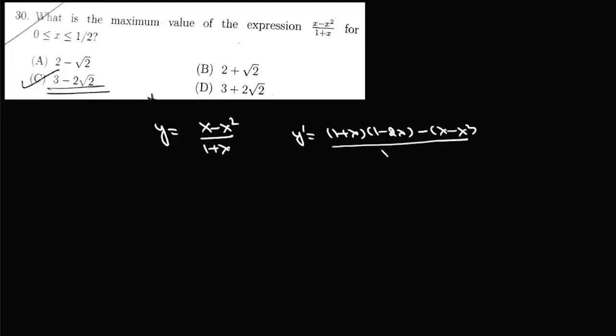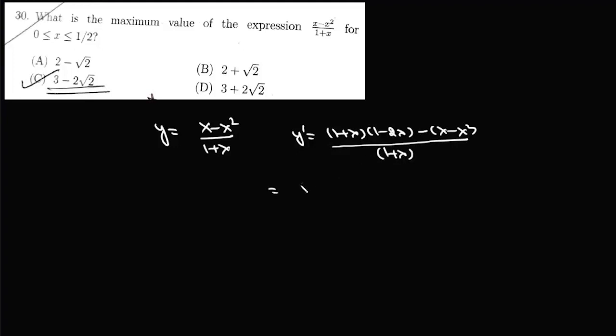Now question number 30 is, what is the maximum value of this expression for x lying between 0 and 1 by 2? So this y is (x − x²)/(1 + x). Now y dash will be [(1 + x)(1 − 2x) − (x − x²)]/(1 + x)².